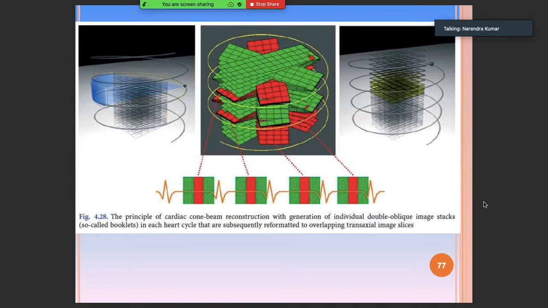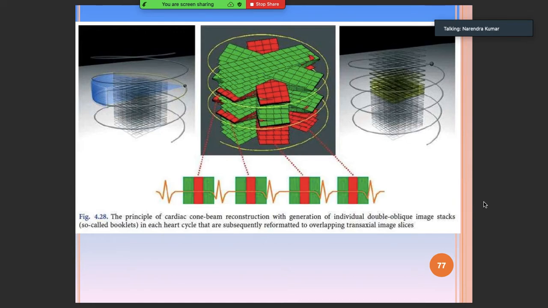For single segment reconstructions, one booklet is used for reconstruction and reformation in each cardiac cycle. And the data segments that cover 180 degrees of parallel beam projections are employed for the generation of these booklets.